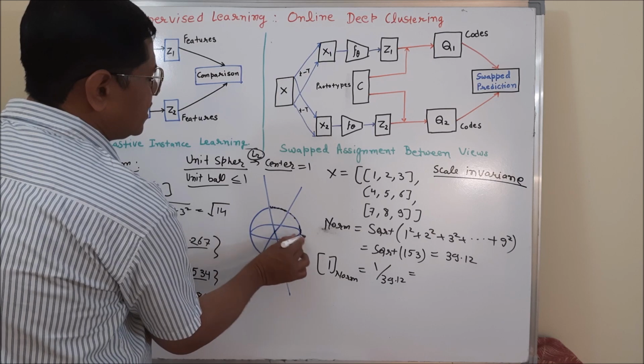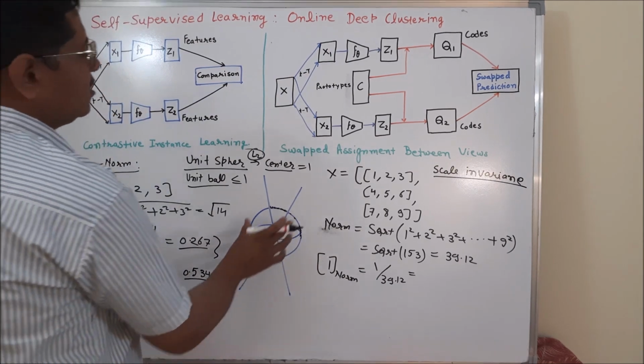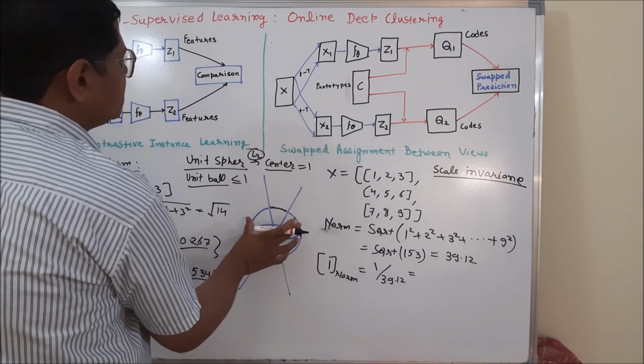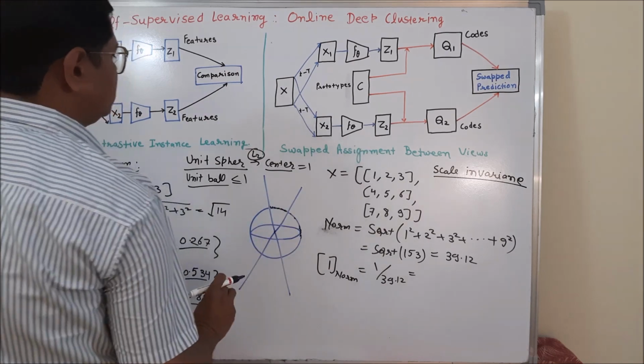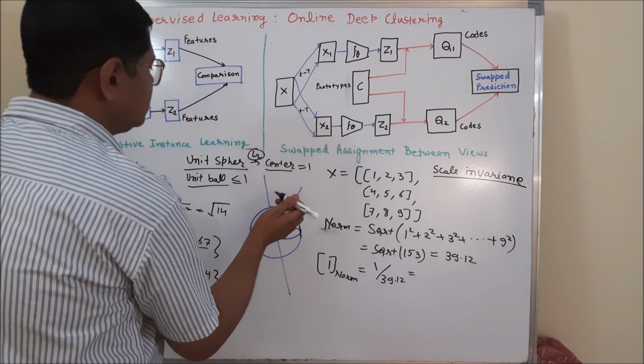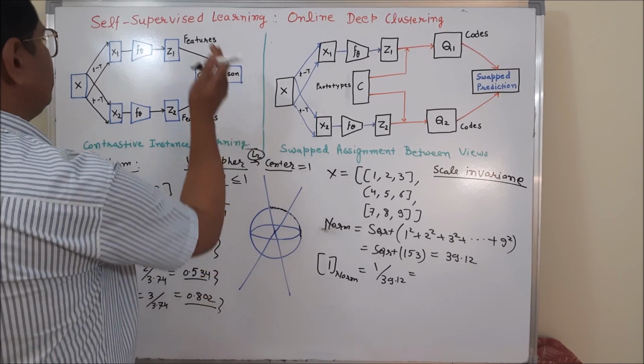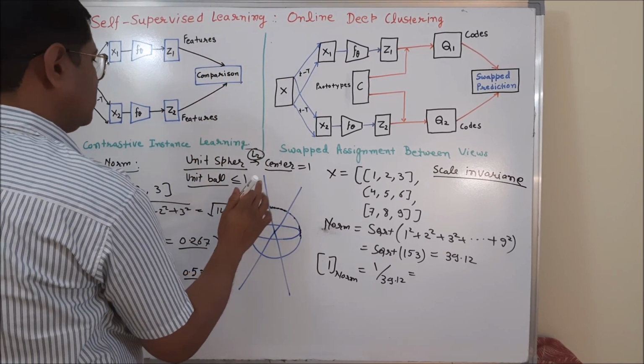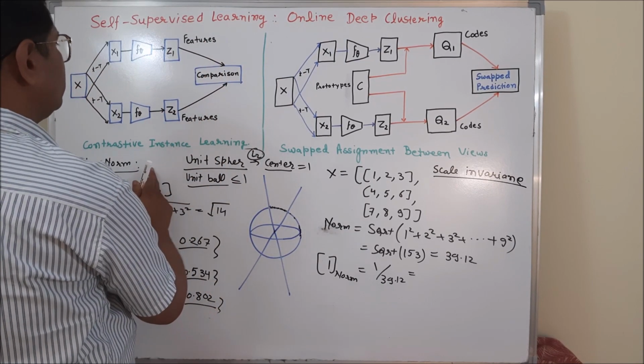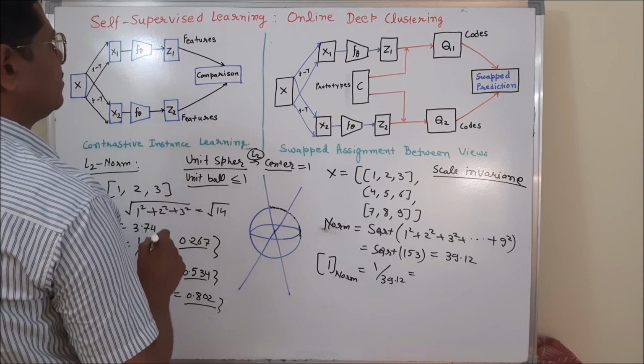So you can easily see the distances. After that, the system can concentrate on features. This is the main reason people use the concept of the unit sphere and L2-Norm in self-supervised or contrastive learning.